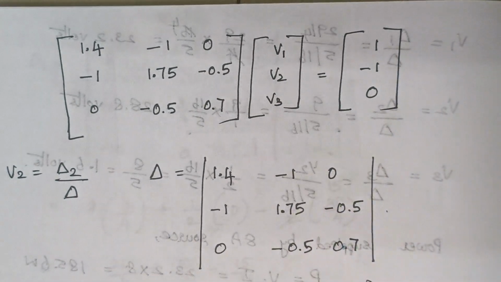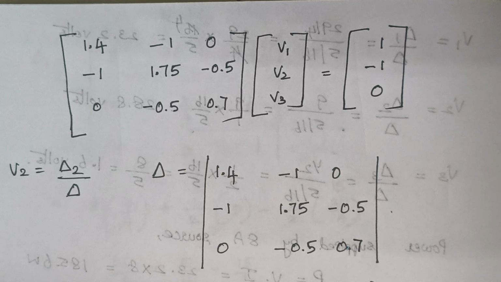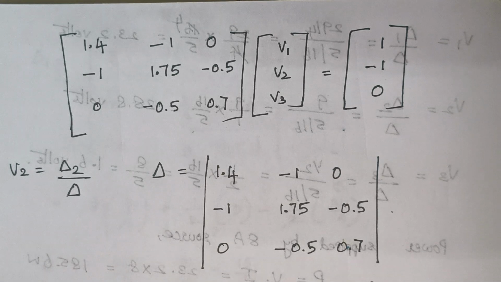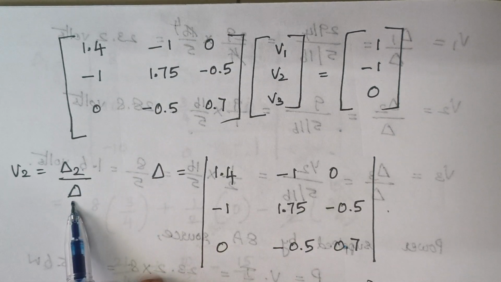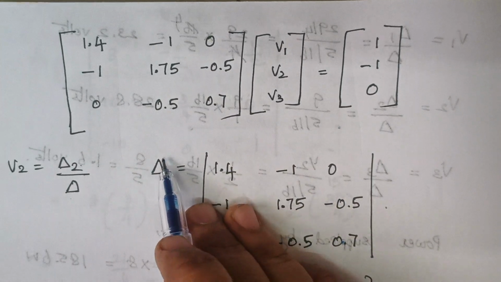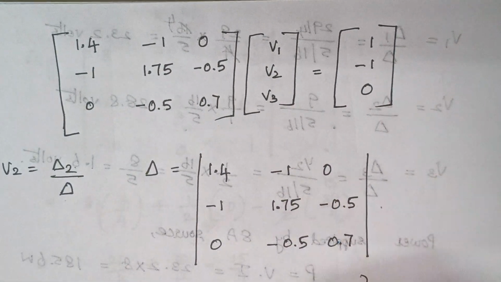Right. Now the thing is, we need to calculate the potential difference between node 2 and 4. So we need to calculate V2. Right, because node 4 is a reference node, so no need to find V4, we need to calculate V2 alone. So V2 is given by del 2 by delta. Right, so here the delta is, when you take the determinant value of this matrix, that will give you delta.